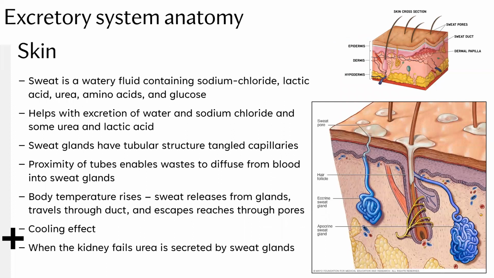When we're looking at skin in terms of its function and structure in a little bit more detail, we're going to notice these glands, these sweat glands. Sweat, as you're familiar with it, is a watery fluid which is composed of sodium chloride, salt, and lactic acid. Of course, it's got a very small amount of urea, and then you've got the amino acids and glucose.